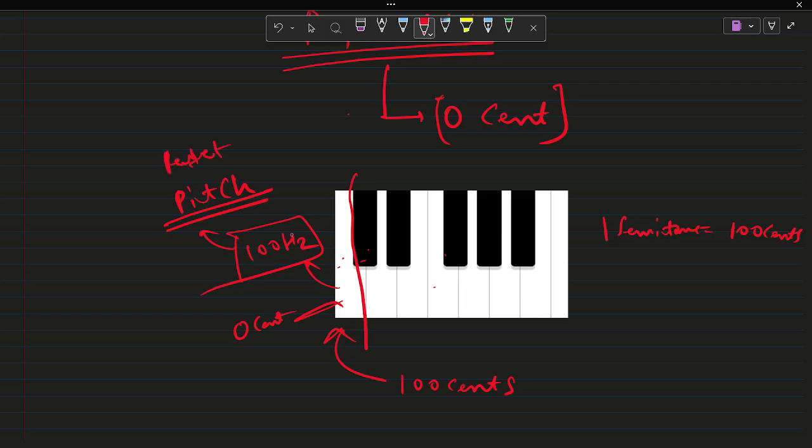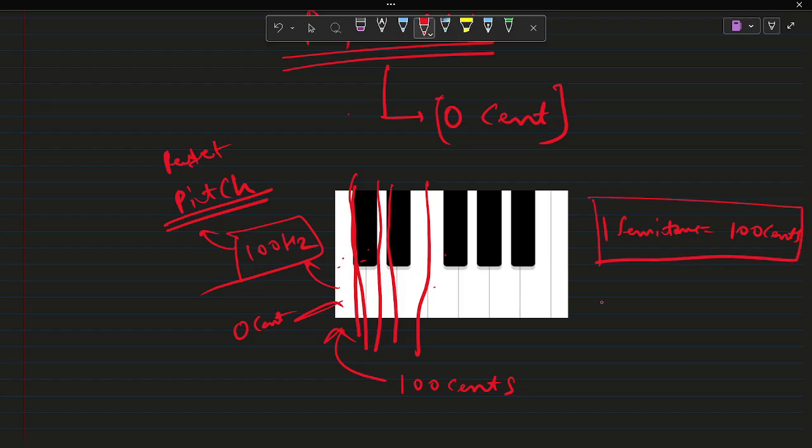You have hit the perfect pitch for that particular note. Okay. So here this distance is also 100 cent. From here to here, this is also 100 cent. Here to here, this is also 100. So each semitone interval means 100 cents.